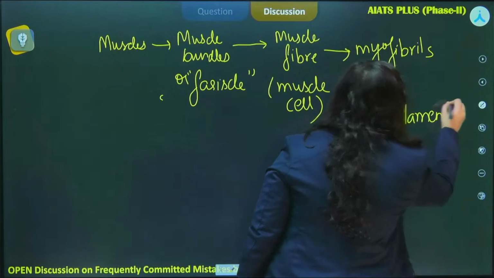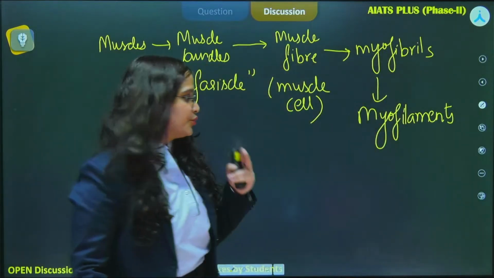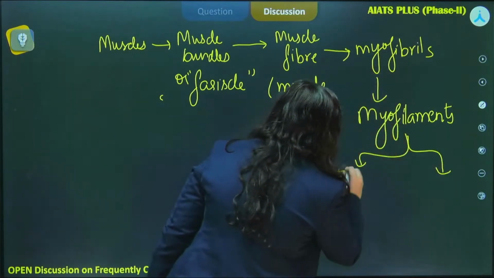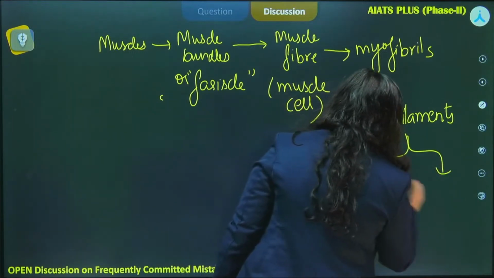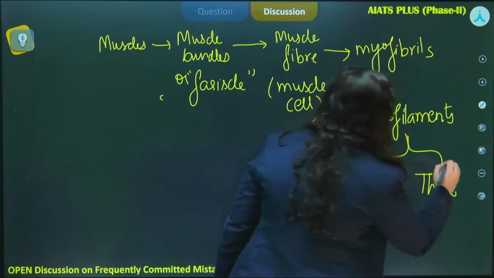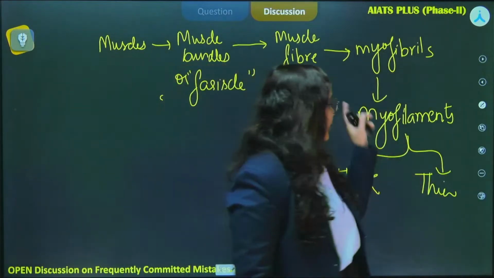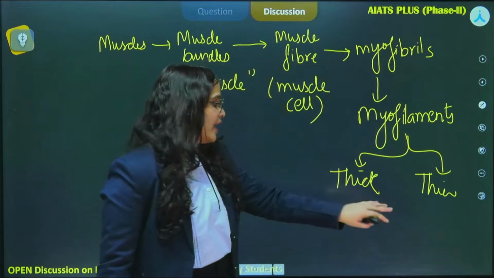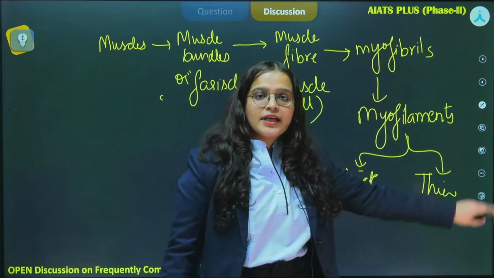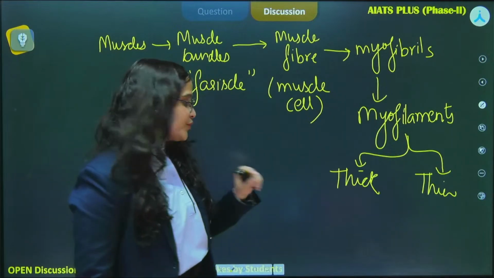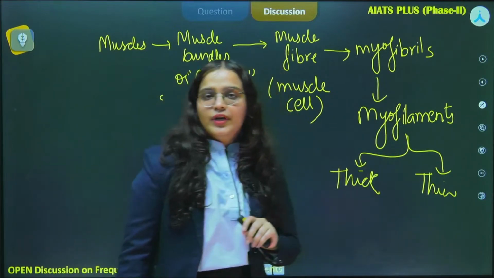And myofilaments are said to be two types of myofilaments, which are known as the thick and the thin myofilaments. Alright. So basically from muscle we came to myofilaments, and we have thick and thin myofilaments, and let me know now in the comment section what are the specific names of this thick and thin myofilaments.